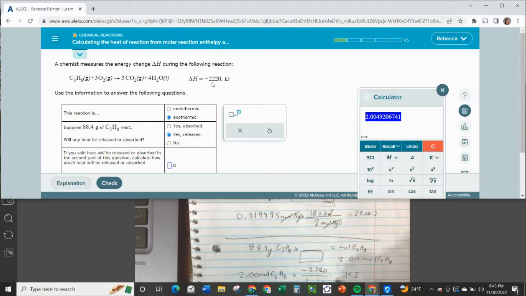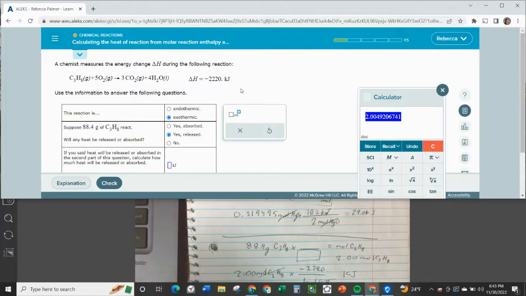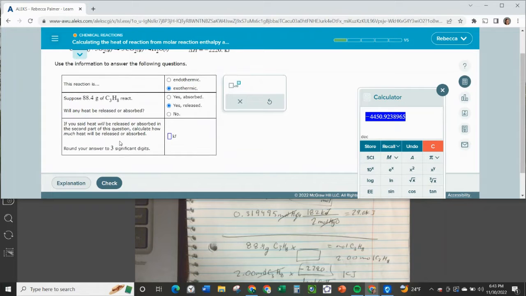So I'm going to cancel moles, and then I multiply this number by this value, divided by 1, which you don't have to do, 2220. Okay, and then I have 4 significant digits here. I have 3 here. So we're going to keep 3, and that's what this box tells me too.